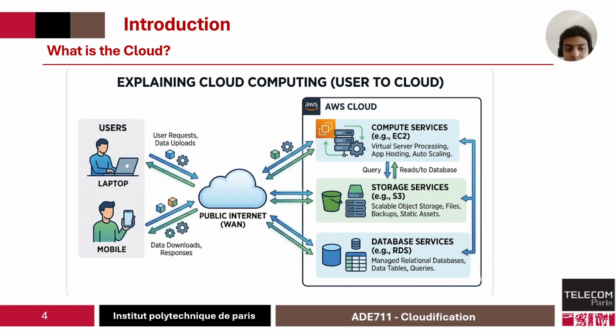So the user just needs to connect to the internet and use the service provided by the provider, like AWS, Azure, or GCP, Google Cloud Platform, etc. And that service can be anything: an operating system instance like EC2 for AWS, a storage service like S3, a database service, function as a service, serverless service, etc.